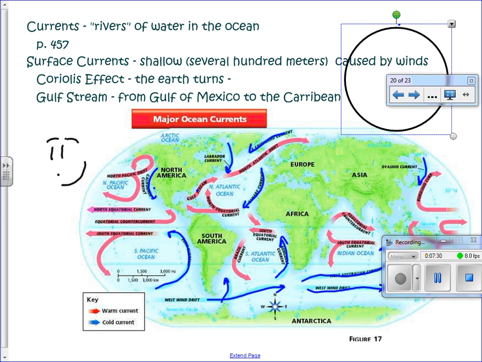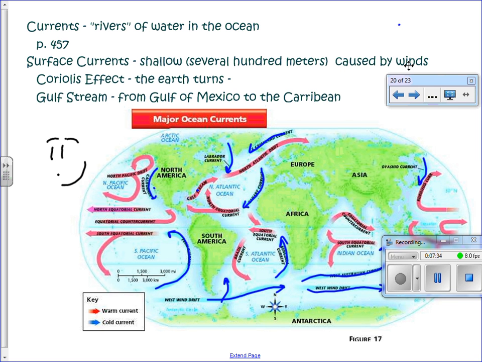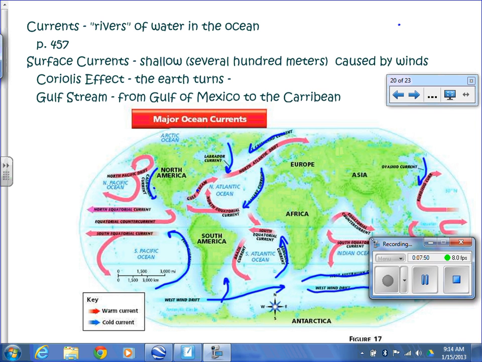And as we talked about in our Do It Now, it's pretty easy if you just look at a picture of the Earth to say, obviously, it's colder near the poles and it is warmer near the equator. And so that temperature is going to be one big effect of what's affecting the density, which will affect the currents.